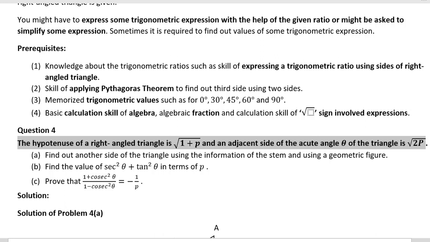So now we are going to solve this. First we are given the hypotenuse of a right angle triangle.